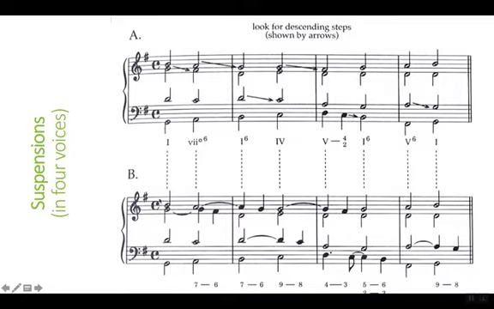You can program the computer to look for a place where the voice is going to go down by step from G to F sharp, and then just tie over the G for half the duration of the F sharp. But it does all of a sudden make it beautiful and passionate, and it sounds like there's meaning in there. I have no idea why it is, but suspensions are very powerful emotionally.